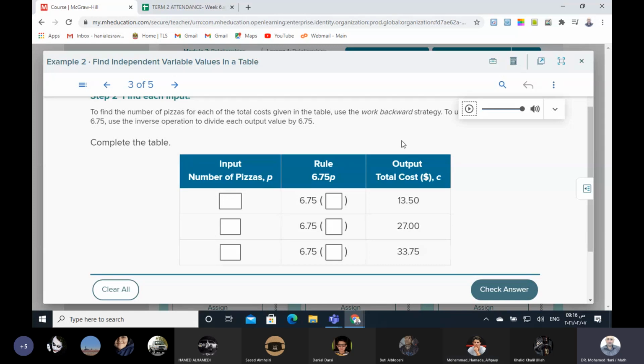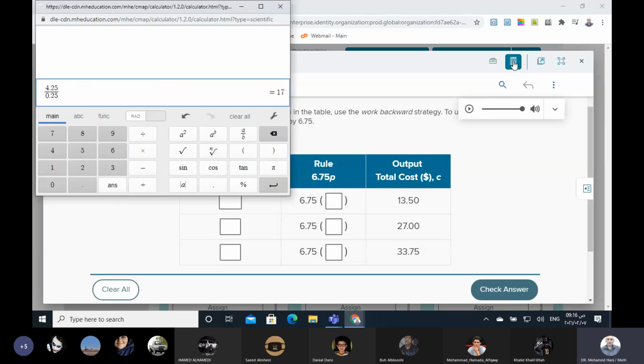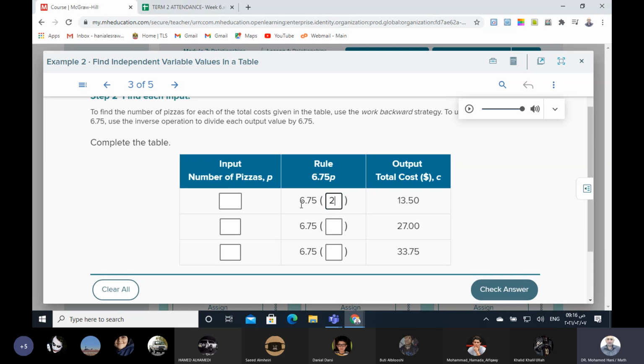Here we have the output and the rule and we want to solve the input. So we can use divide. Take the output 13.50 divided by 6.75. So the answer will be 2, meaning the input will be 2.